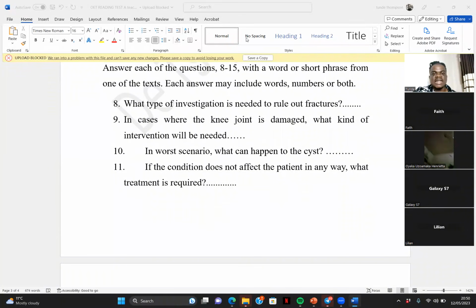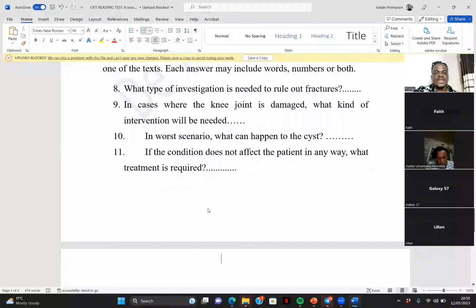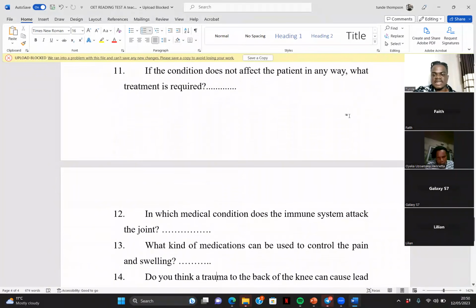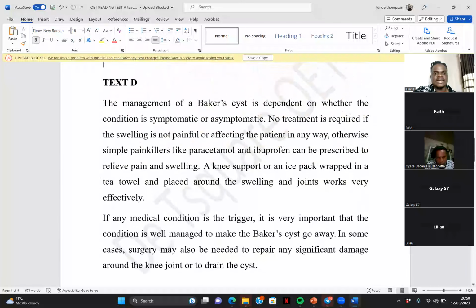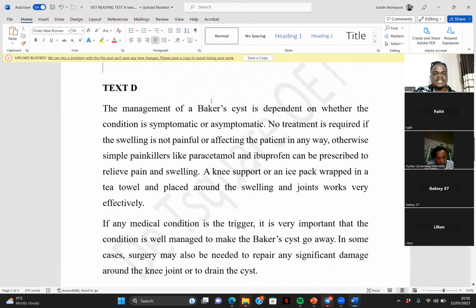So good. Lillian said no treatment. So what treatment is required? Your answer will be no treatment. That's what is written in text D. Let's look at that text D. They said the management of a Baker cyst is dependent on whether the condition is symptomatic or asymptomatic.